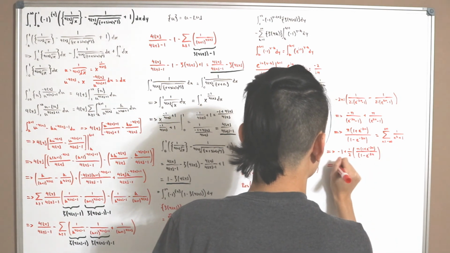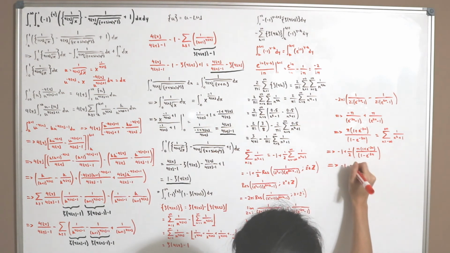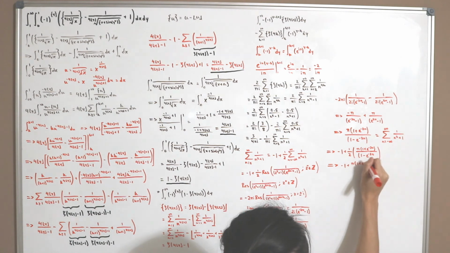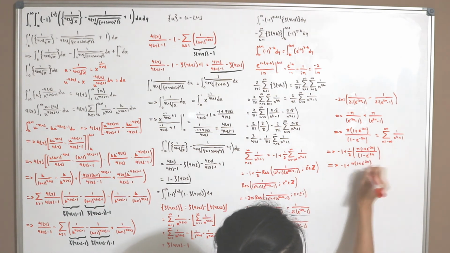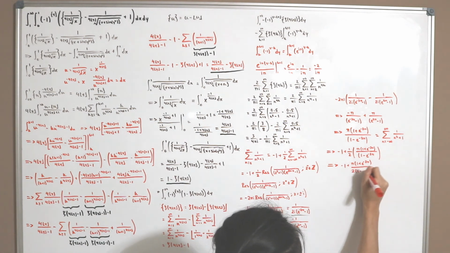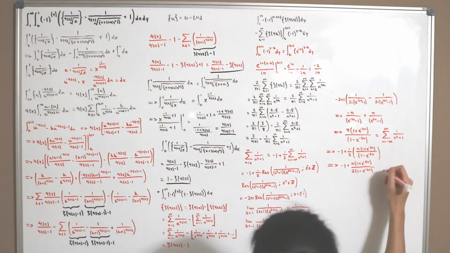Okay, and that's just going to equal -1 plus pi multiplied by 1 plus e to the -2 pi, and then divided by 2 times 1 minus e to the -2 pi. Alright, cool. So that's basically our expanded series over here.